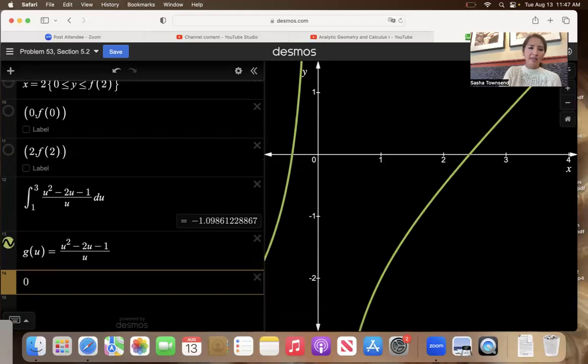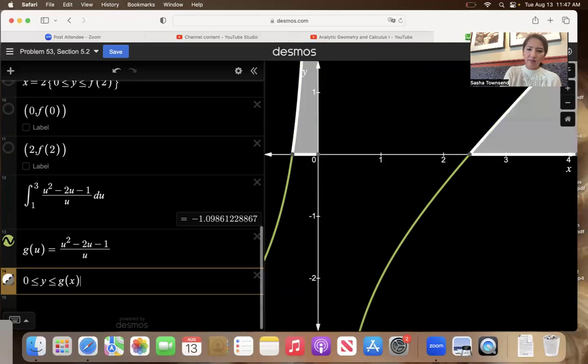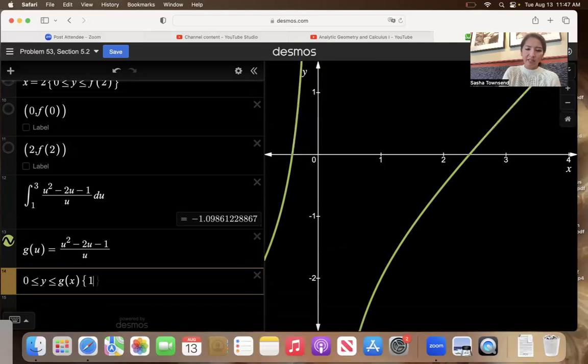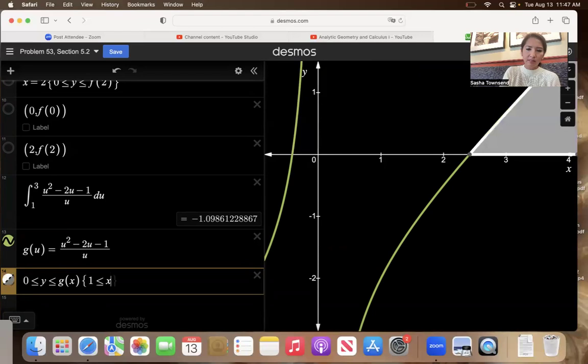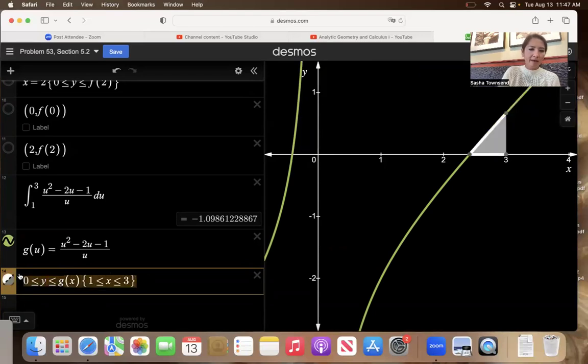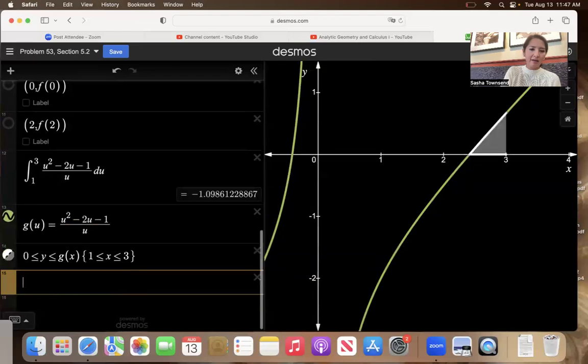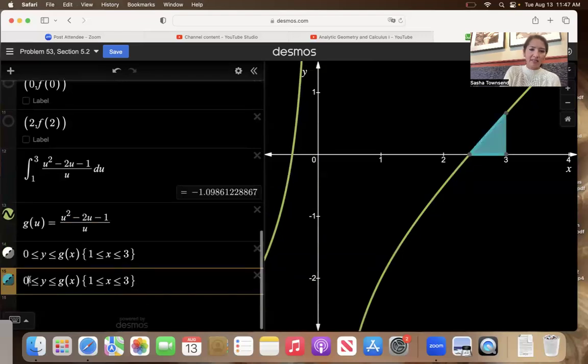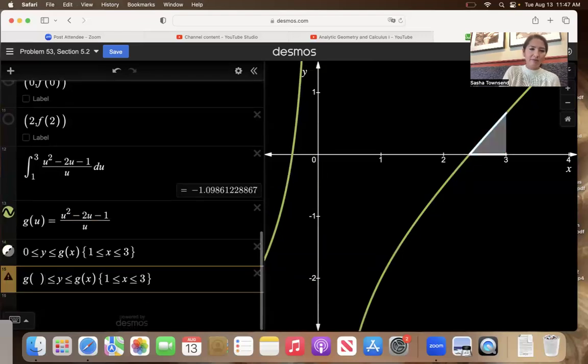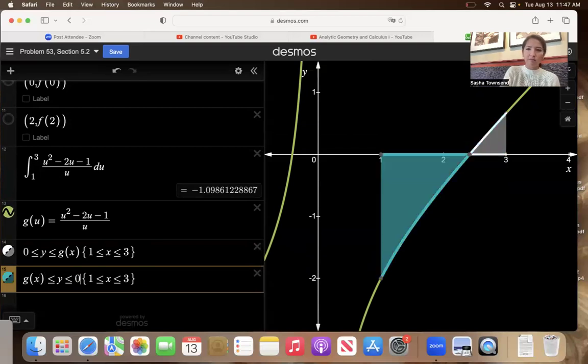So we're interested in having the y values between 0, that's the x-axis, and g on the interval from x equals 1 to x equals 3. And we're also interested in the area between g of x and the x-axis, where that g of x is below the x-axis.